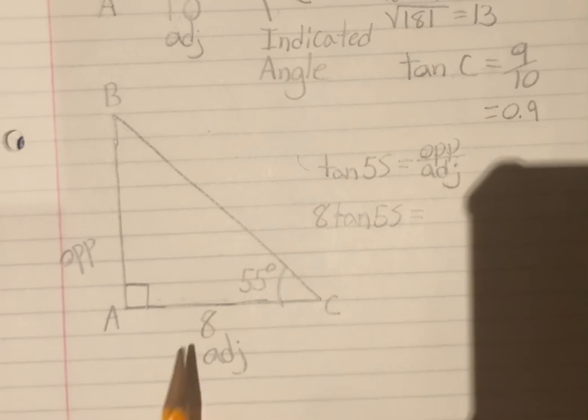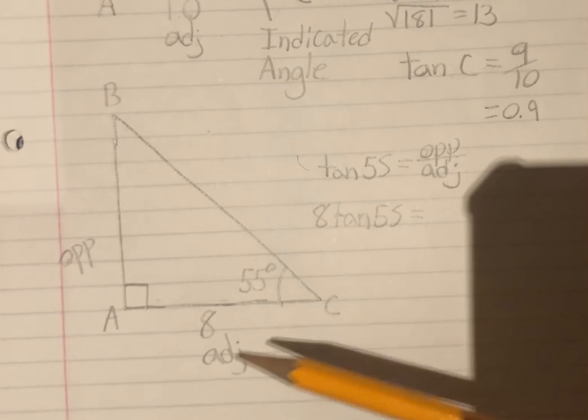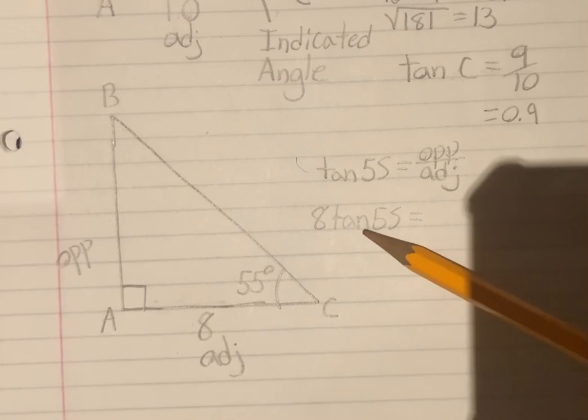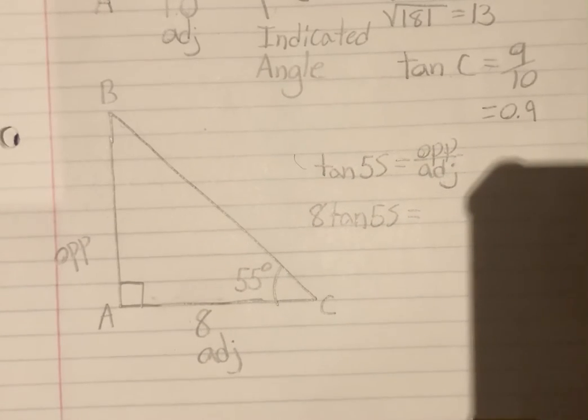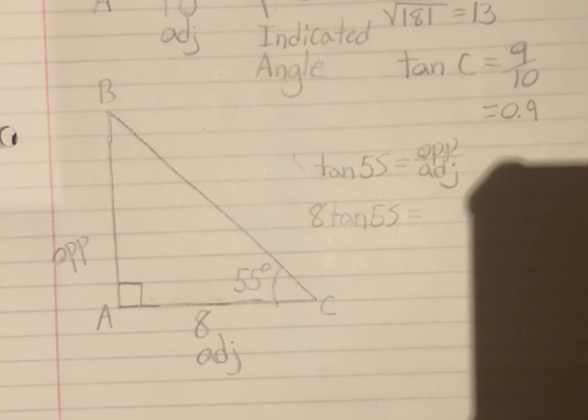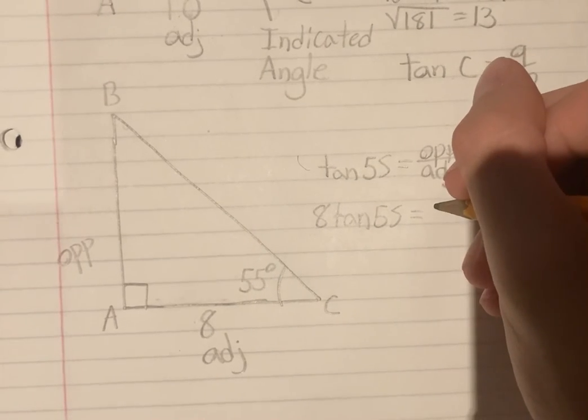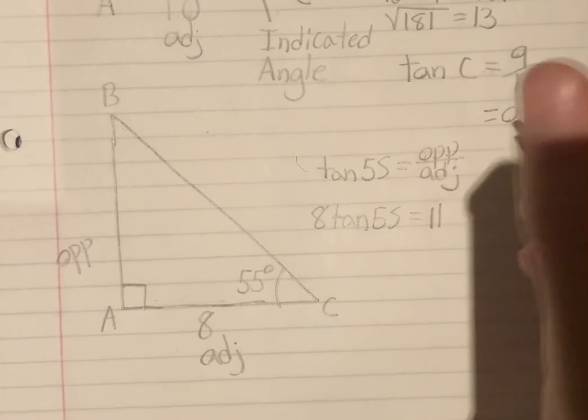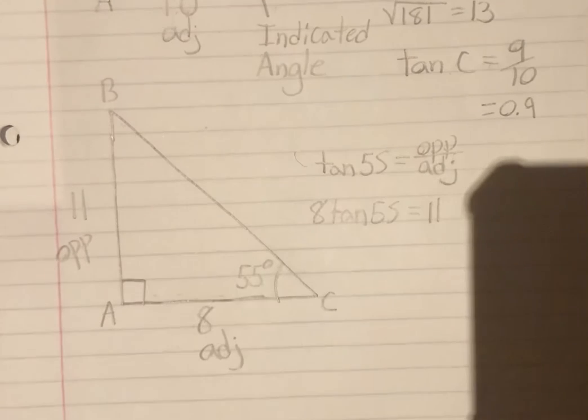I find it simple. Just know that it's always the side length you have times tangent and then 55. Then you plug that into your calculator. You do not need to hit shift, just hit 8 tan 55, and that equals 11.425 and so on. But we're going to go with 11, and that is our opposite.